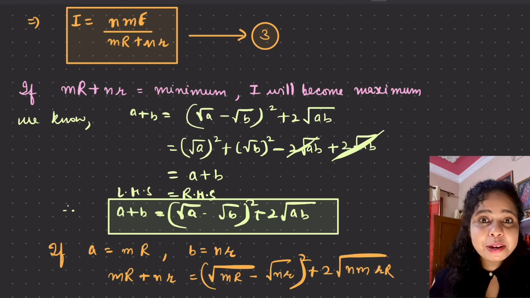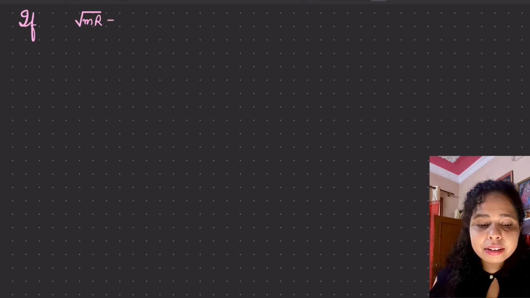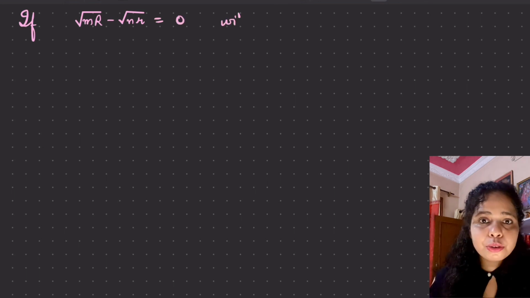Yes, it can become minimum because this equation contains a term which could be negative. So there are two terms in this equation which are cancelling out each other, that is under root mR minus under root nr. So there is an expression which we can turn to be 0.